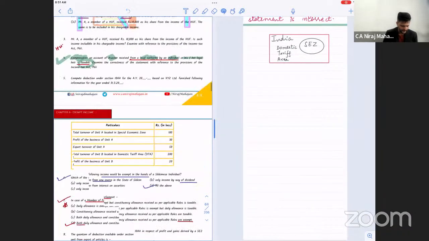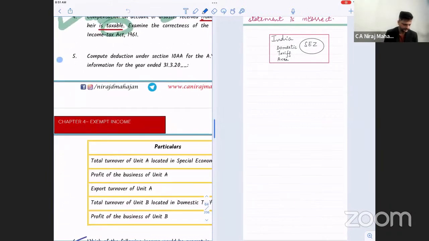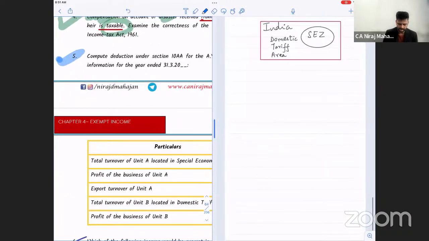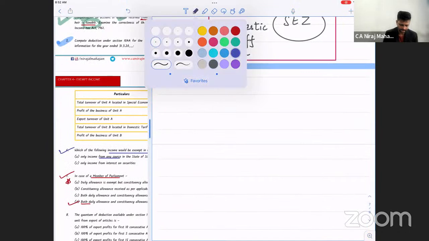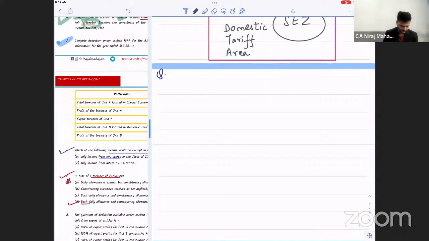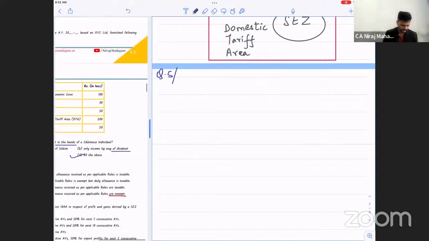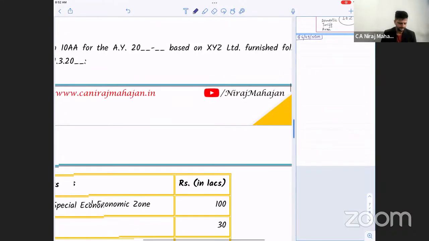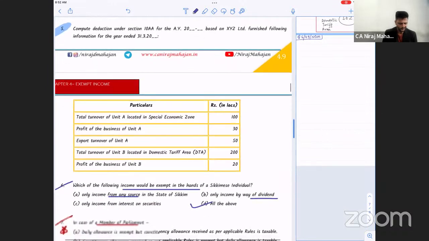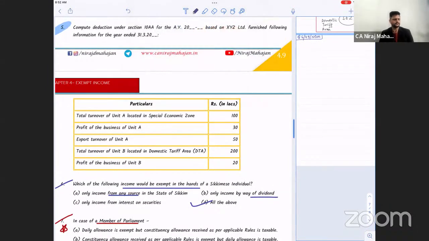Over there, we have question number 5. What is it saying?